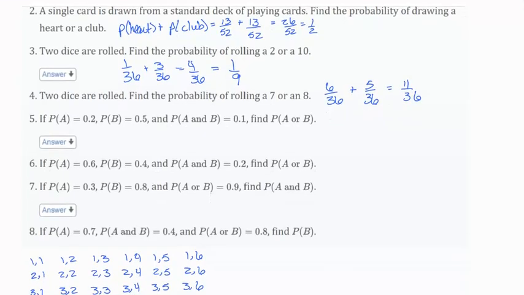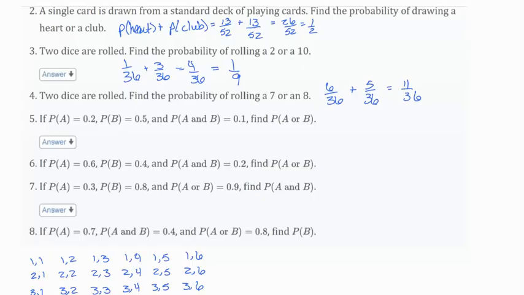And in the next few examples, they are giving us probabilities, and they're asking us to find the probability of A or B. So let's do a couple of these. Number 5, they tell us the probability of A is 0.2, which is 20%. The probability of B is 0.5, which is 50%. And the probability of A and B is 0.1, which is 10%.